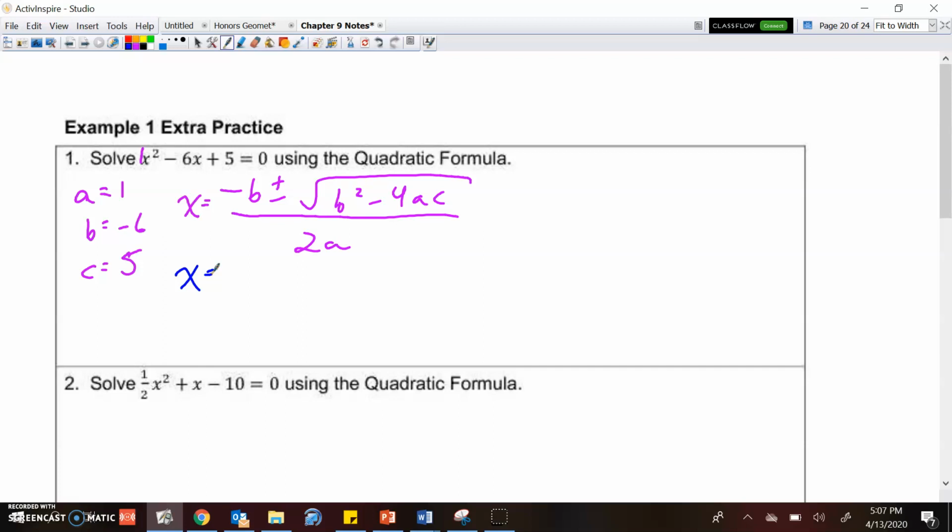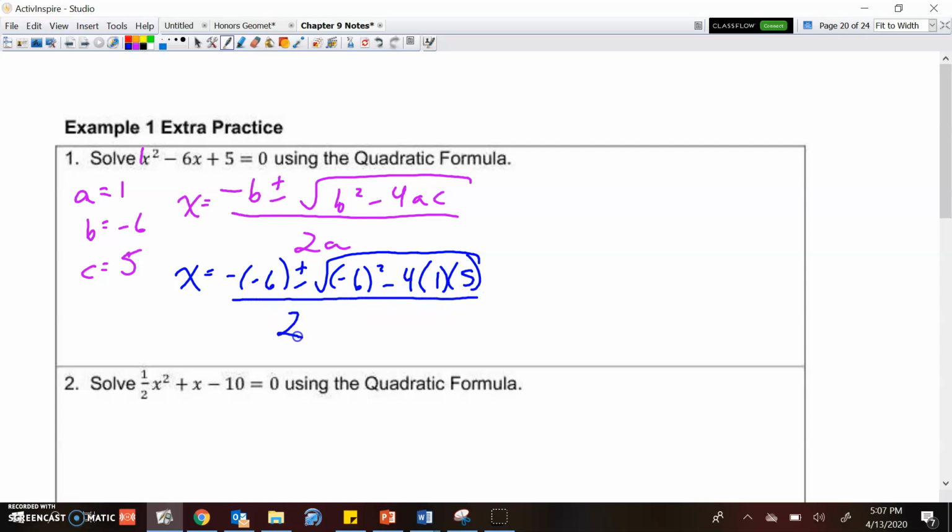So -b is -6 plus or minus the square root b squared, so it's -6 squared, minus 4, my a is 1, and my c is 5, all divided by 2a, so it's 2 times 1.